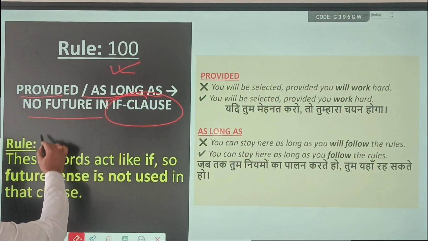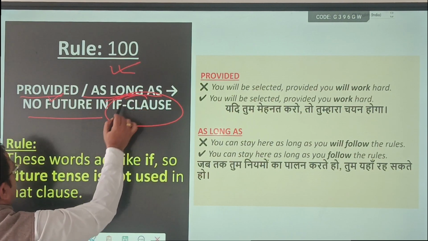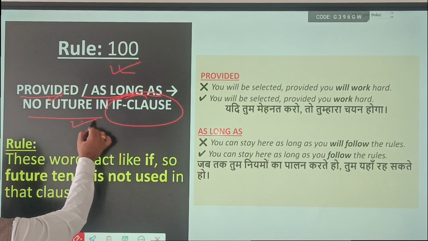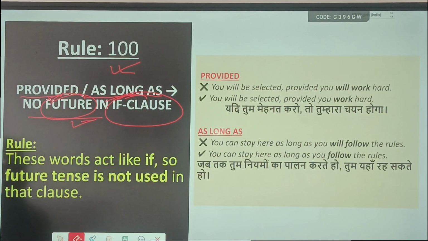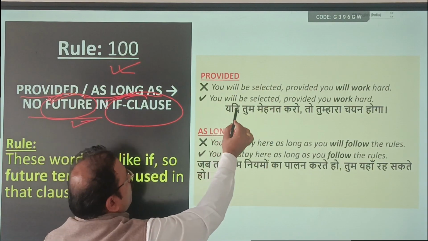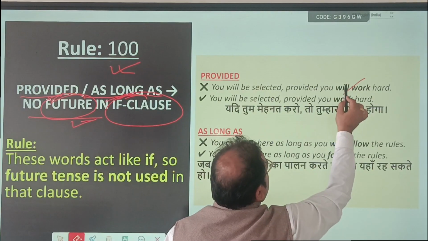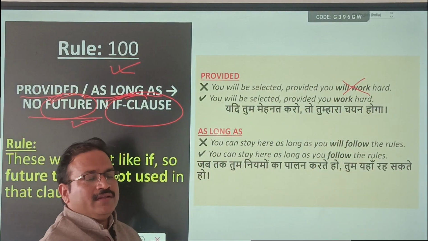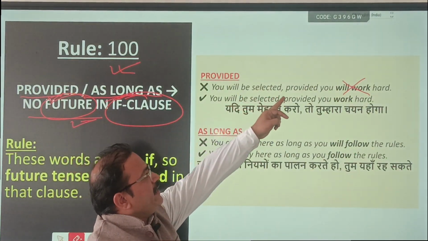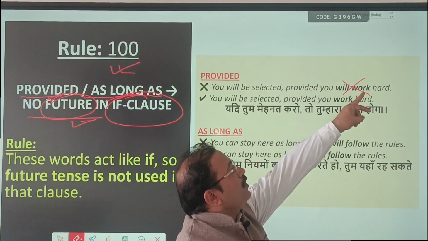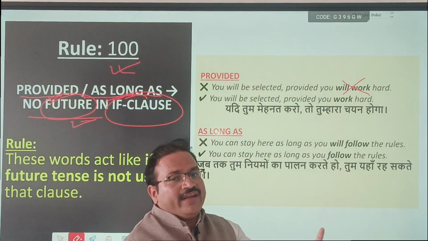When we use provided and as long as, we don't use future tense. See the example: "You will be selected provided you will work hard."